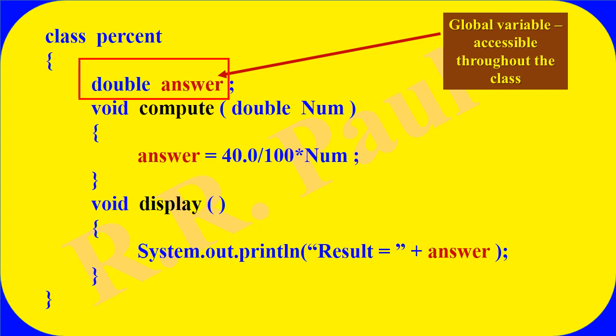Since it is declared outside all the functions and inside the class, it is available in compute function as well as display function. So in compute function, we are storing some value that is being calculated through a formula, and in display function, we are able to use it to display the answer.